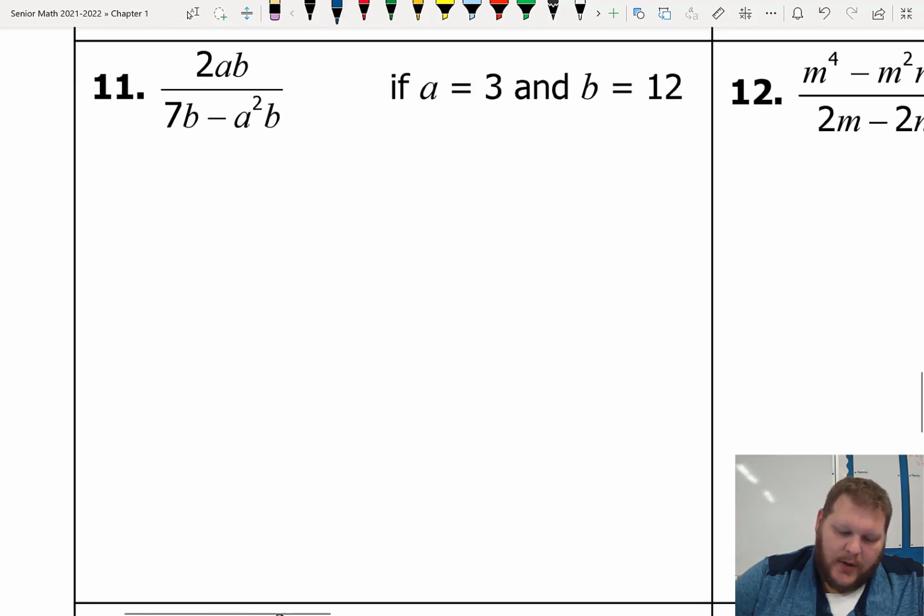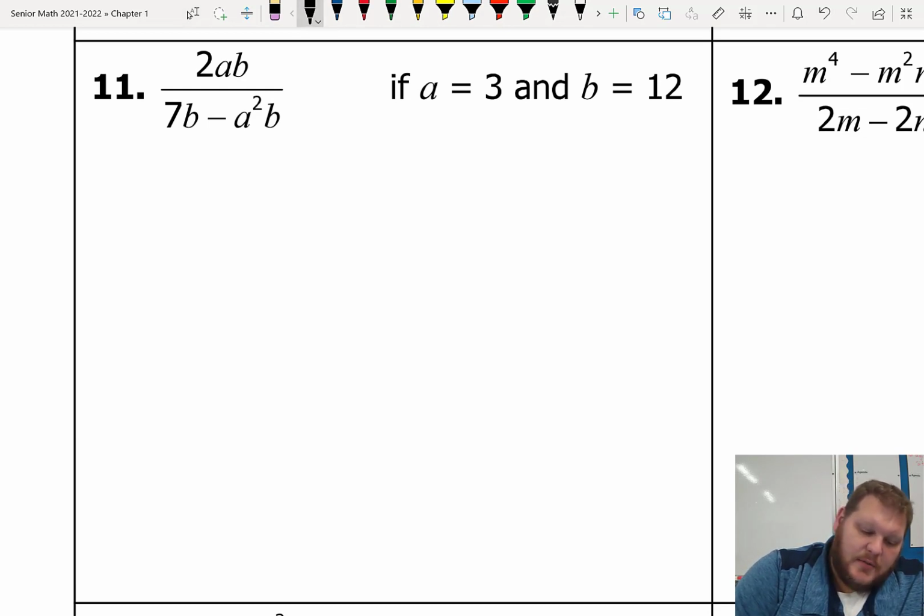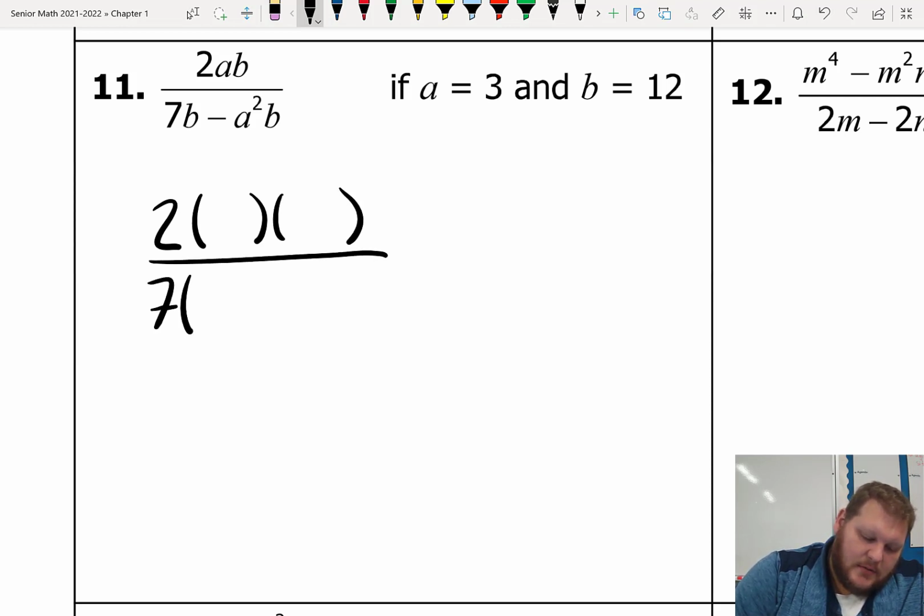Continuing along our merry way. Positive 3 for my A value and positive 12 for my B. So with this one, like we talked about yesterday, I'm going to go ahead and get these situated first. Squared B. A was 3.